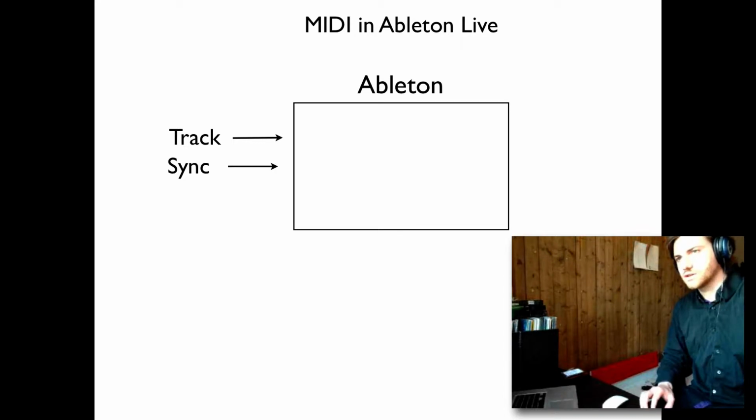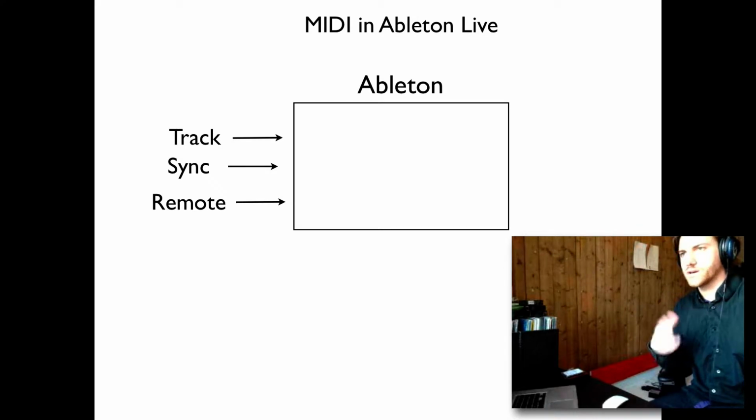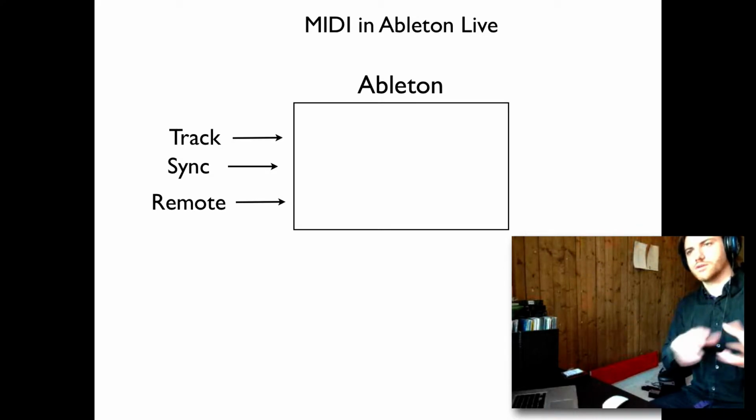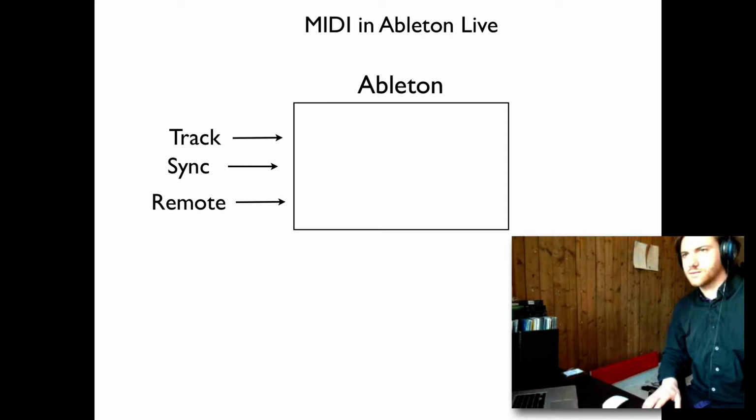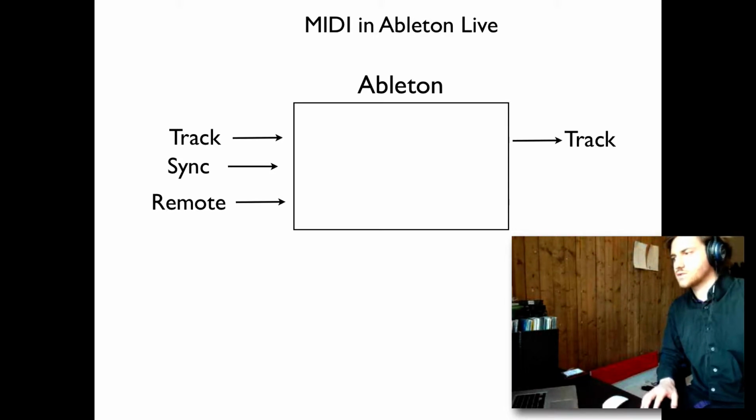We have sync in. We also have remote in. Three different ways that Ableton can interpret MIDI. And of course the same out. We have track out, sync out, and remote out.